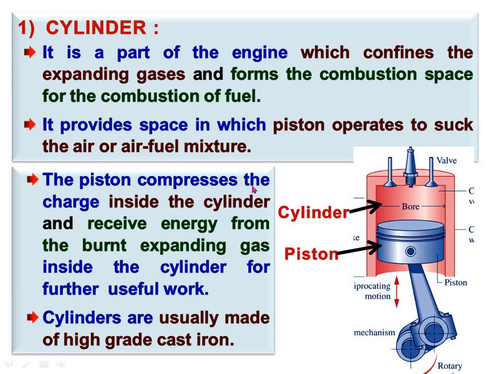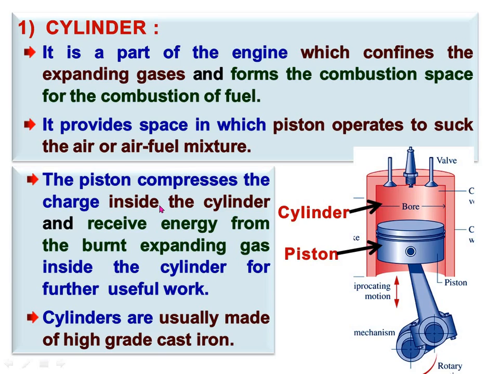The piston compresses the charge inside the cylinder and receives energy from the burnt expanding gas inside the cylinder for further useful work. Means, after the compression stroke, either fuel is burnt due to high pressure and high temperature in the 4-stroke engine, or it may be ignited by the spark plug in the 2-stroke engine.